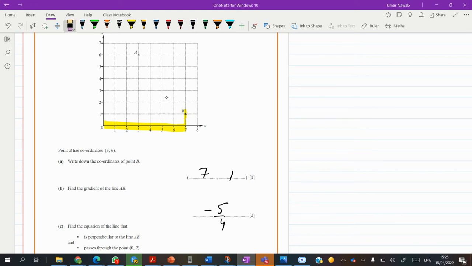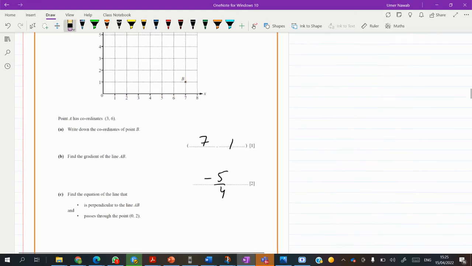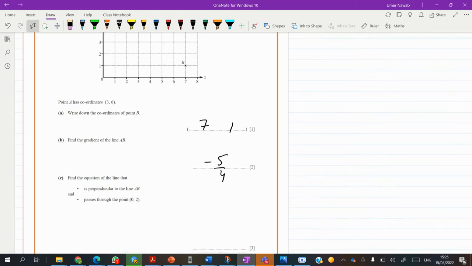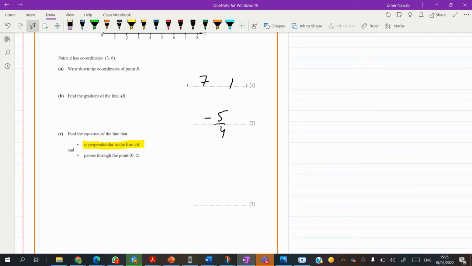Next, find the equation perpendicular to AB. Good. Perpendicular to AB. So I need to write the perpendicular gradient of this. The perpendicular gradient will be, change the sign, plus 4 over 5. And he said it is passing through (0, 2).